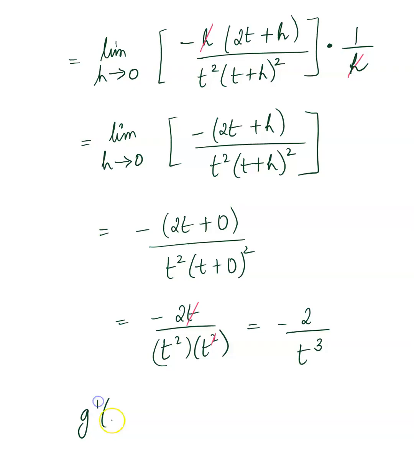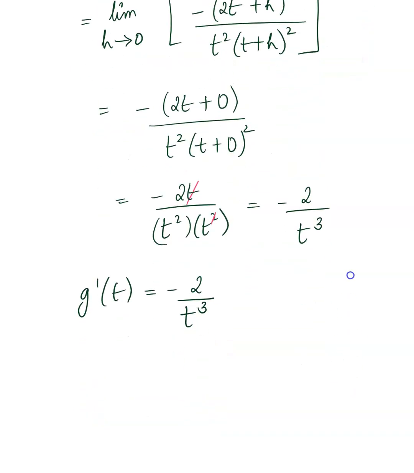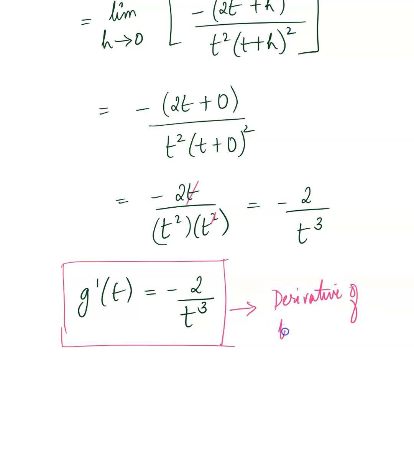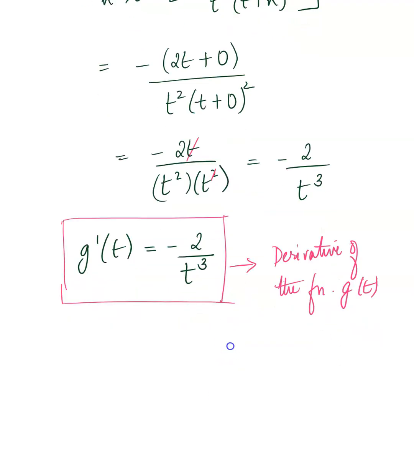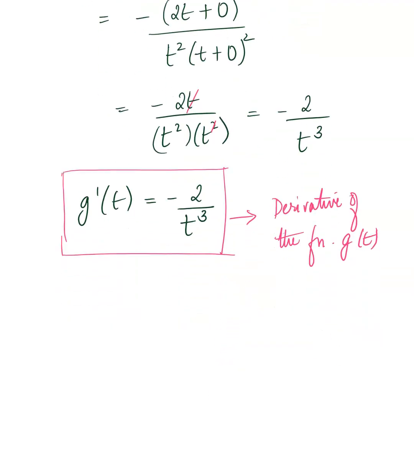So let me write it out together here. G prime of t is negative 2 over t cubed. All right, so this is the derivative of the function g of t.